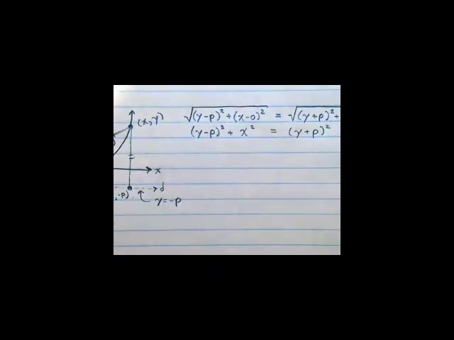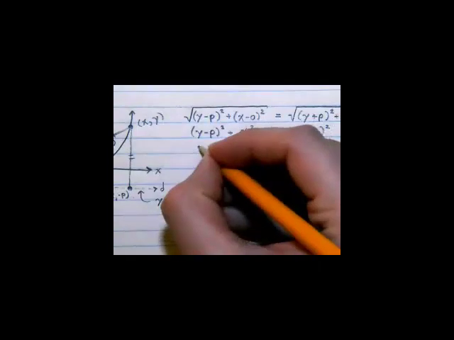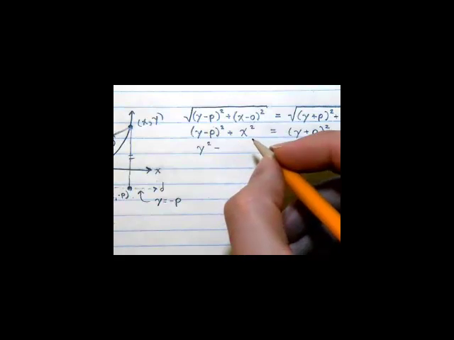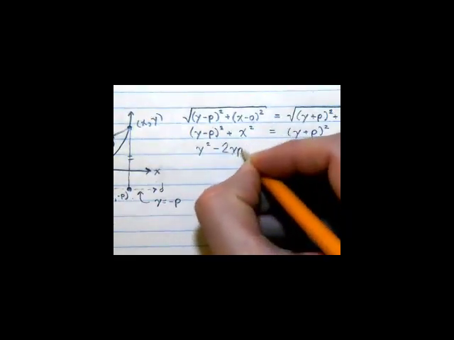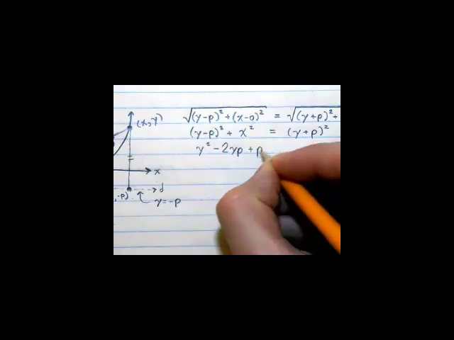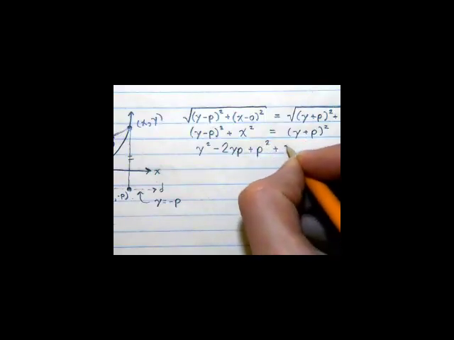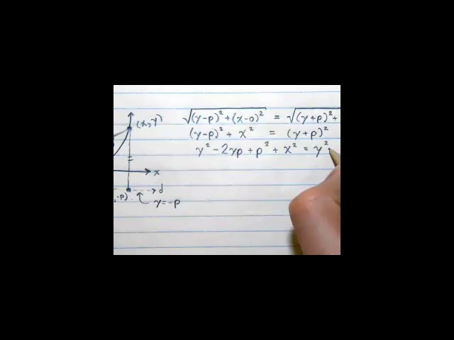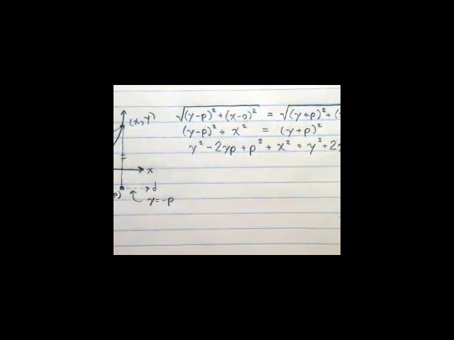Okay, and so I'm going to do a little bit of algebra now. I'm going to actually multiply these things out because there are terms that will cancel if I do that. Okay, so y minus p squared is y squared minus 2yp plus p squared plus x squared still. And then y plus p squared is y squared plus 2yp plus p squared. So I do a little foiling with both of those.